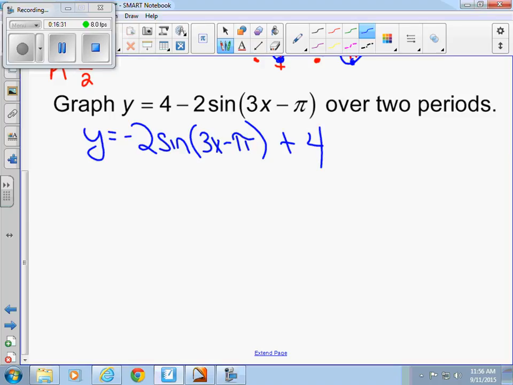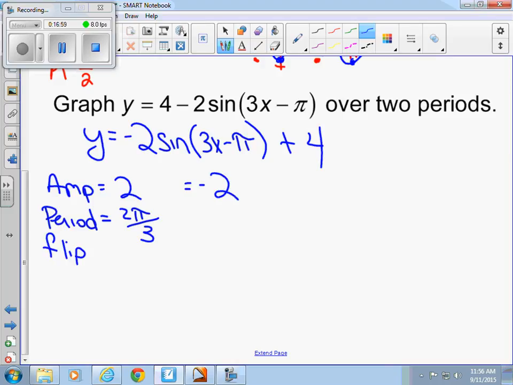So I'm going to make a mental note: the amplitude is 2. What's the period? The vertical shift does not change the period though. 2 pi over 3. Always 2 pi divided by the number in front of the x. Don't forget about the reflection.